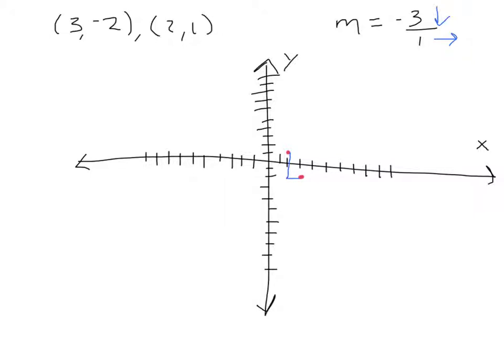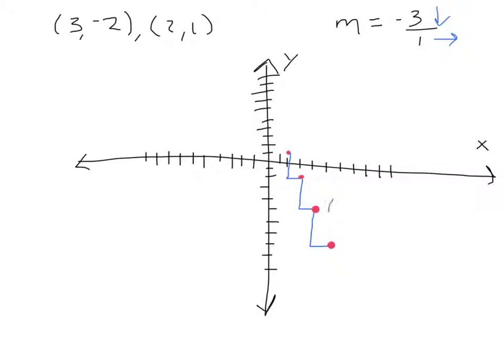Let's just keep doing that to get other points. So I could go down 1, 2, 3, right 1 more, down 1, 2, 3, right 1 more, and there you go. Now I've got 2 more points. That one and that one. And we could name these points if we look at it carefully.